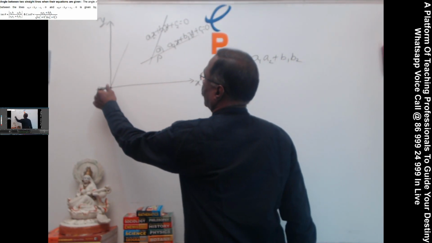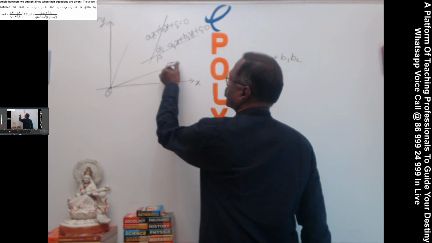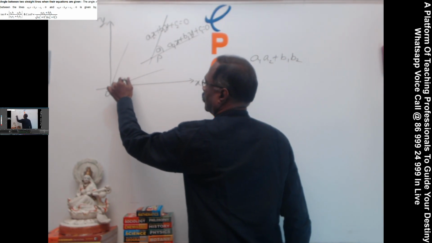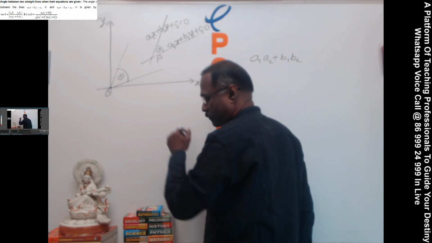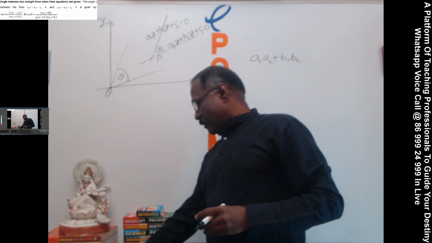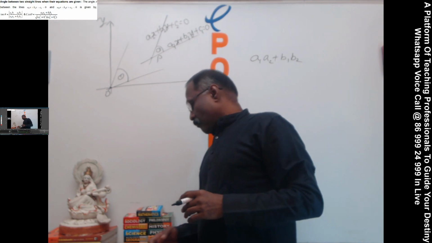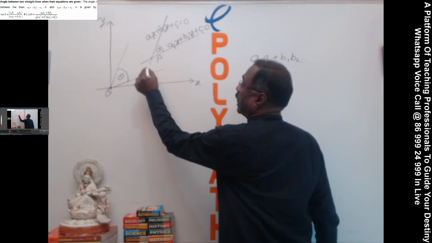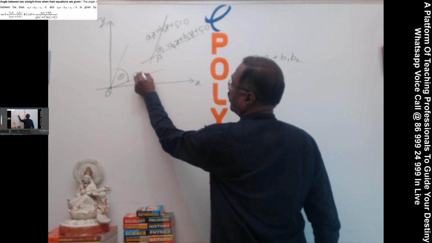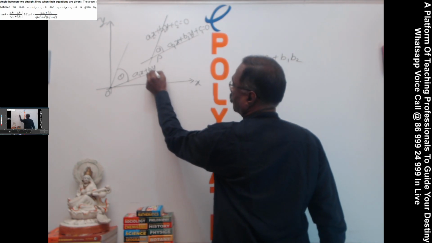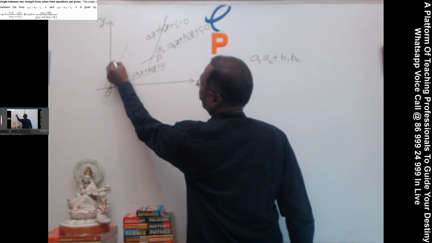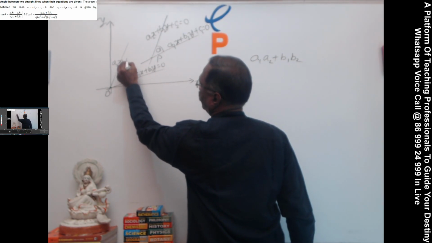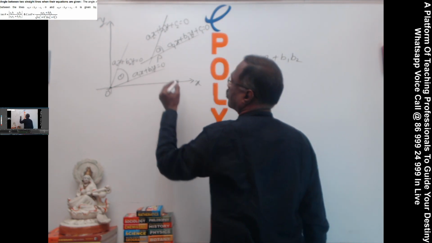Then similarly draw another line which is parallel to this. This is also theta. Then you will have the line equation as a1x plus b1y equal to 0, and the other line equation a2x plus b2y equal to 0.